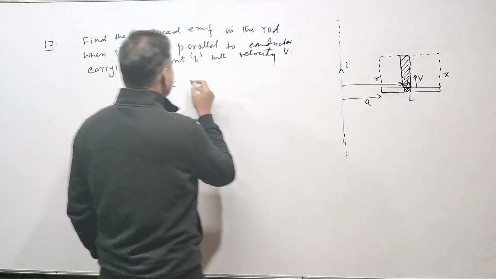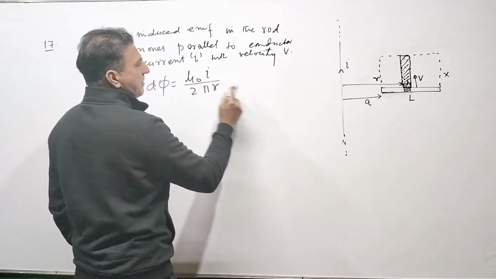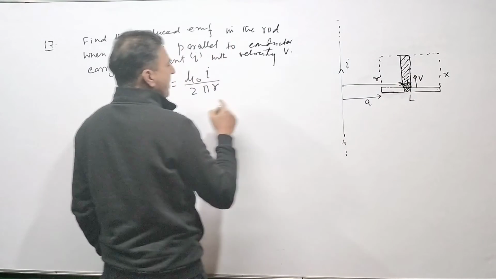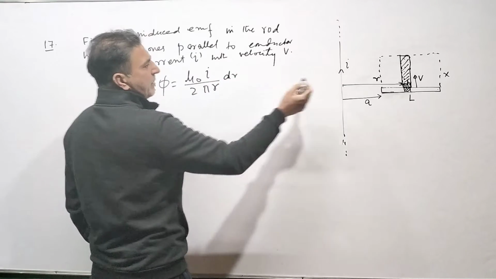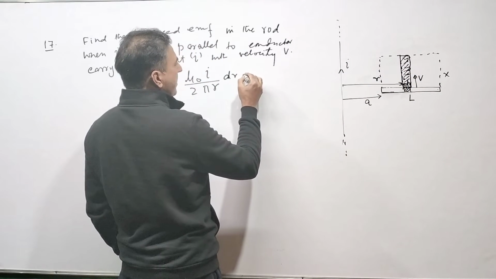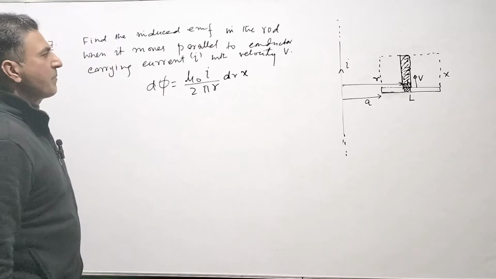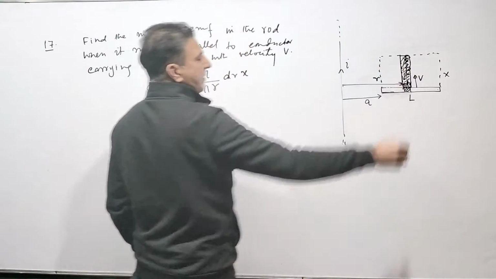So mu 0 I by 2 pi r is the magnetic field here, because this point is that much away from the conductor. And dr into x is the area of this element. This is the flux.